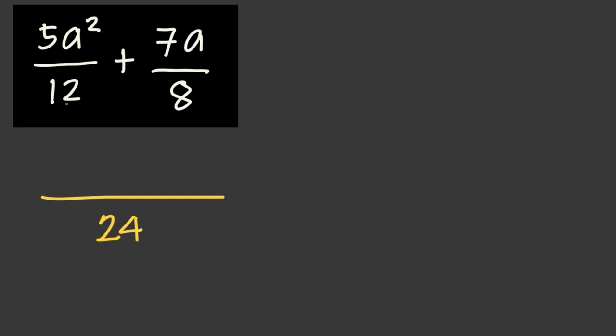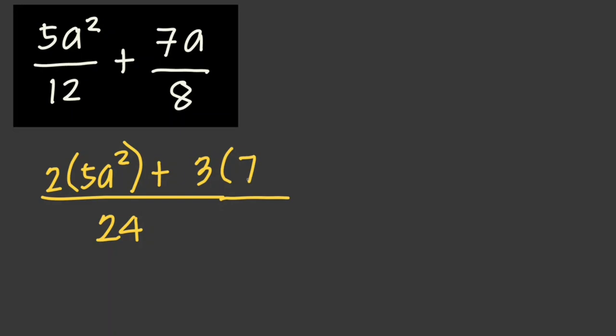Okay, 24 divided by 12 is 2, and 2 times 5a squared is our numerator. Then we copy the operator sign, which is plus, and do the same process to the second expression, 7a over 8. 24 divided by 8 is 3, then 3 times 7a.